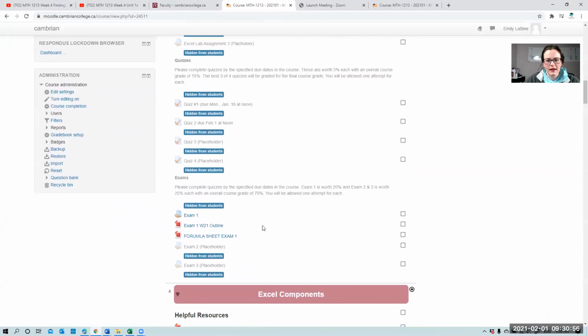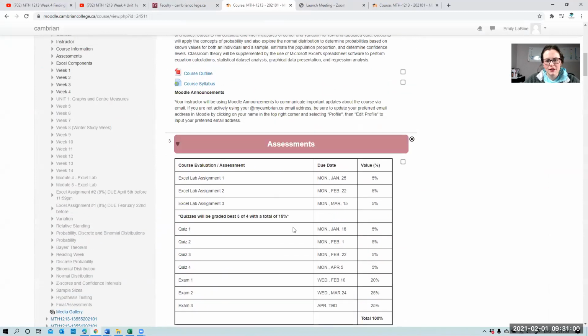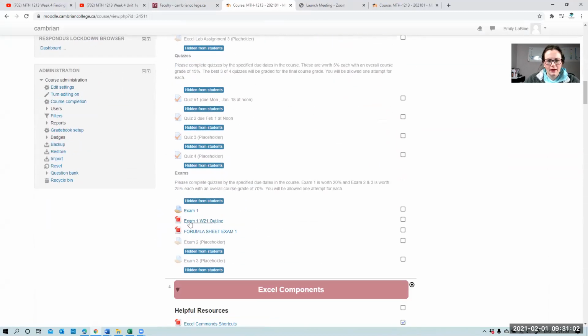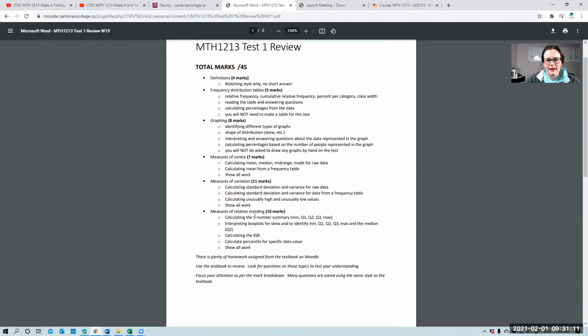So the outline is right here under the assessments tab in the meta page. It's called Exam 1 W for Winter 2021 outline, and that is the outline I would follow to study for this exam.